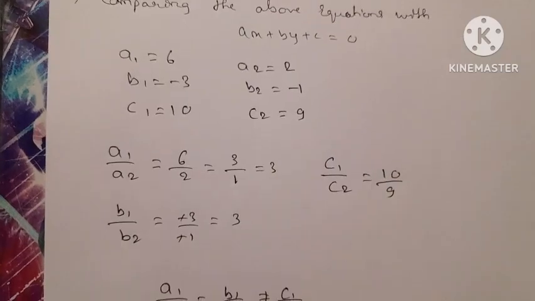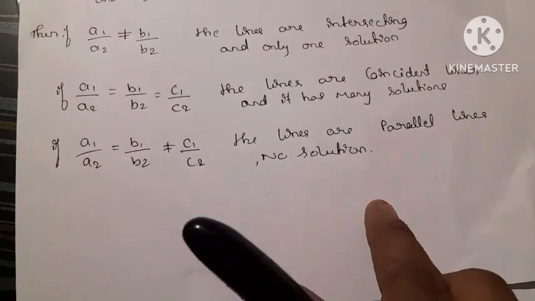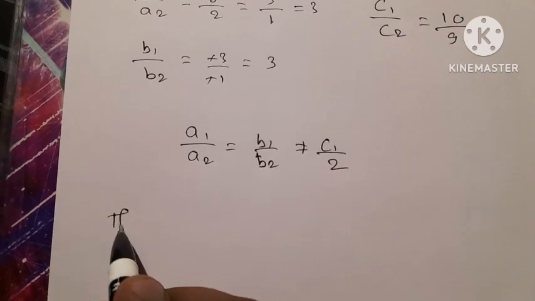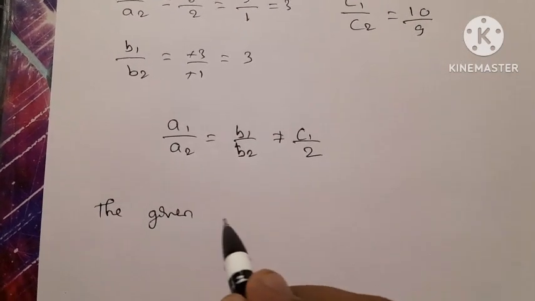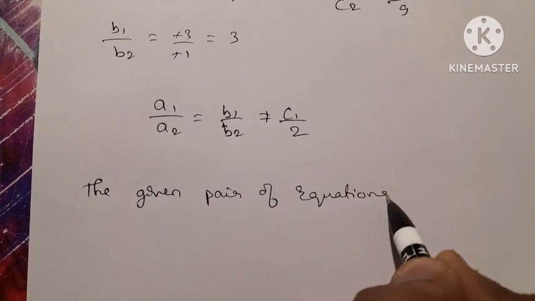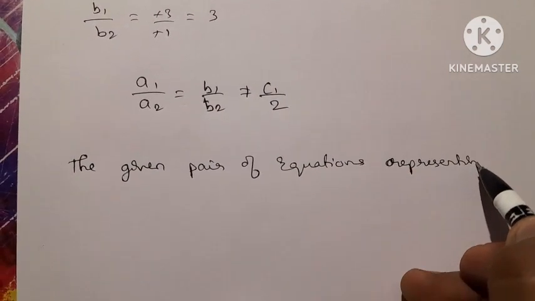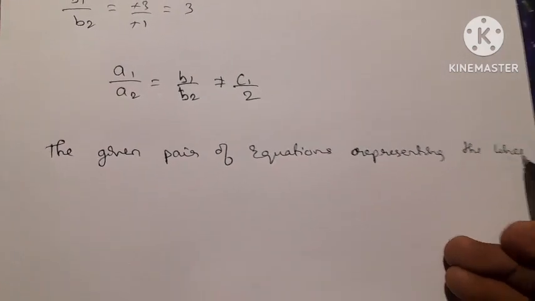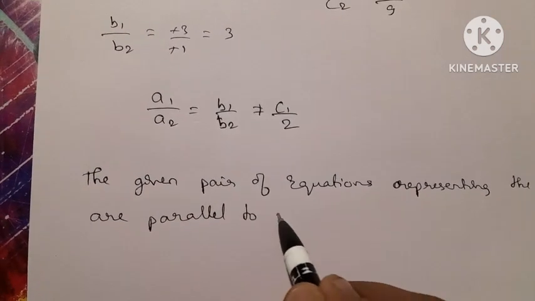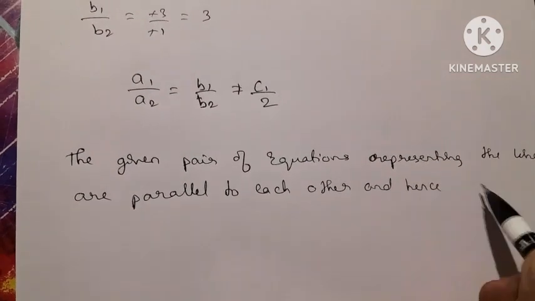So in this condition we know that the two lines are parallel lines and they have no solution. So we can say that the given pair of equations are representing lines that are parallel to each other, and hence they have no solution.